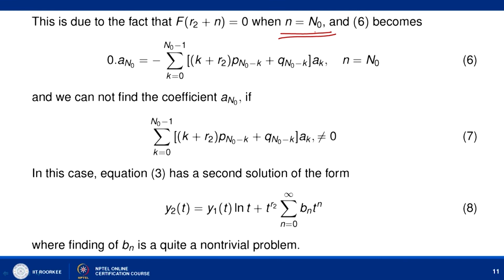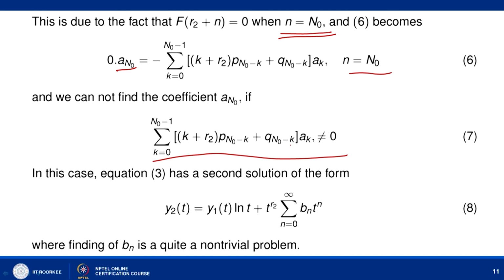So, when n equal to N naught, the coefficient of a N naught is basically 0, and on the right hand side we have minus summation k from 0 to N naught minus 1 of (k plus R2) p N naught minus k plus q N naught minus k into a k. That is the recurrence relation for n equal to capital N naught, and we cannot find the coefficient a N naught if the right hand side is non-zero. So, if the right hand side is non-zero, this equation cannot be satisfied. It means that in this case, we do not have any solution of the form given by Frobenius.